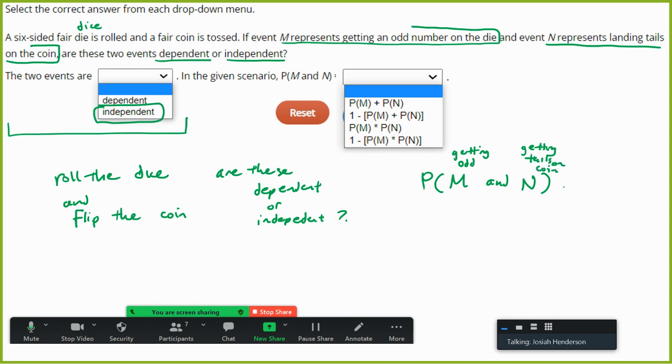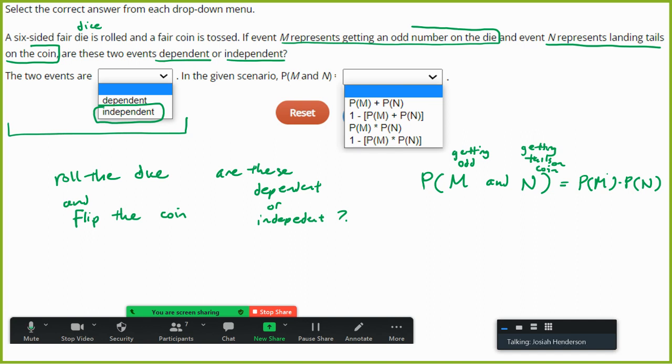Since they're independent, our formula says multiply the separate probabilities: probability of M times probability of N. Because they don't affect each other, it's our simple formula. Again, it's just the separate probabilities multiplied together.